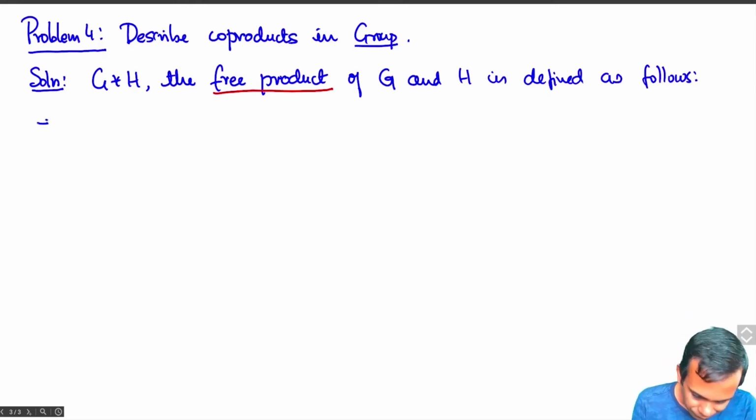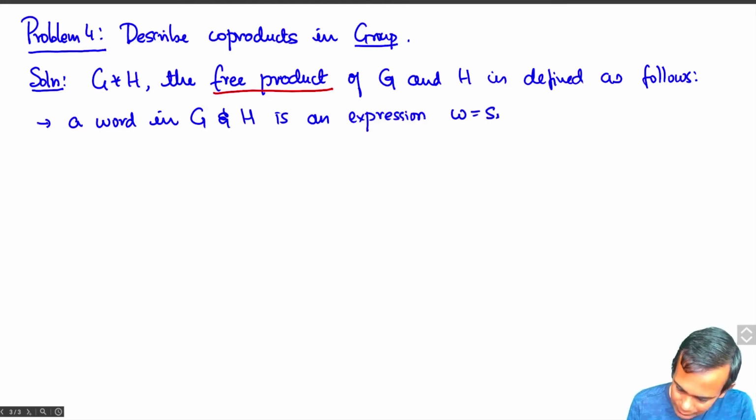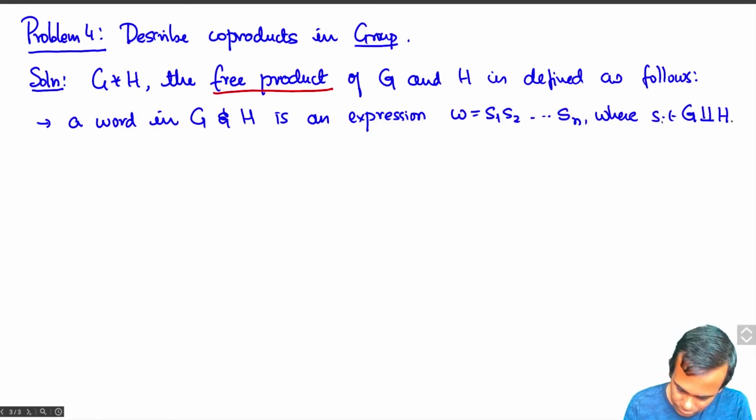Firstly, a word in G and H is an expression of the form W equals S1, S2, up to Sn, where each Si belongs to G or belongs to H. So each Si is either an element of G or an element of H. That's a word.